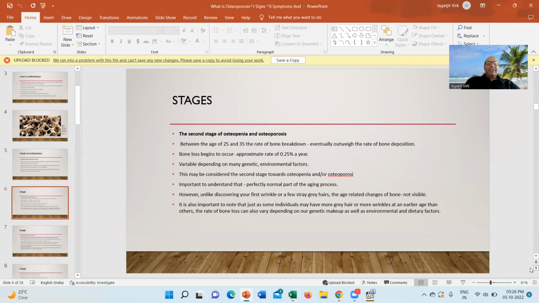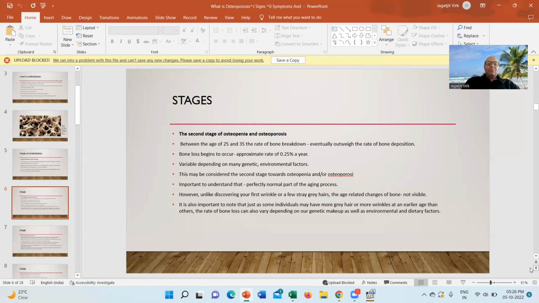It is important to understand that this is a perfectly normal part of the aging process. However, unlike discovering your first wrinkle or a few stray gray hairs, the age-related changes of bone are not visible.